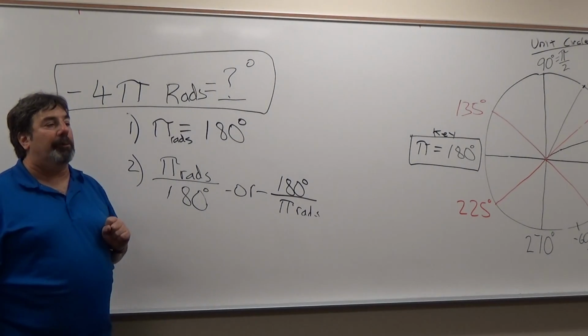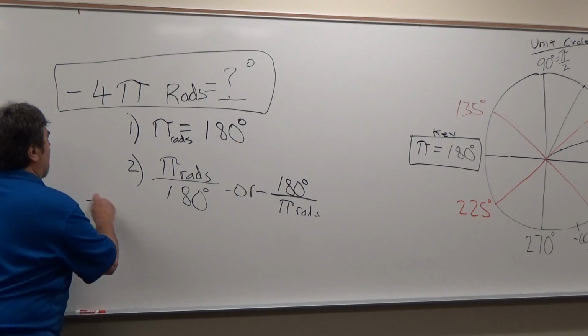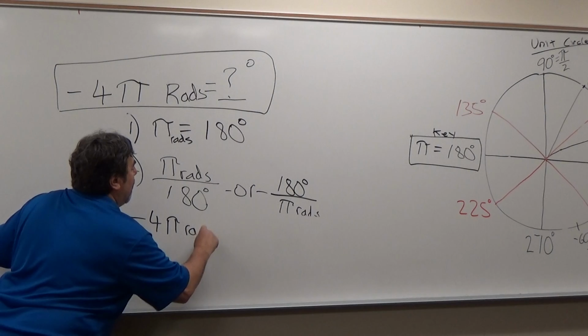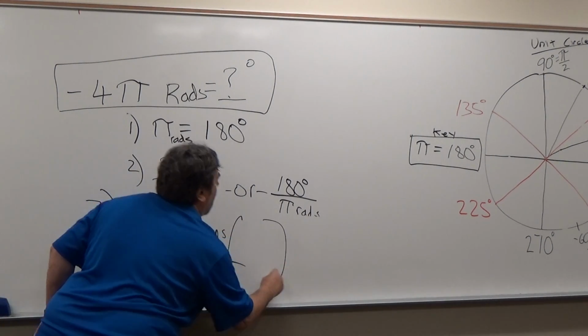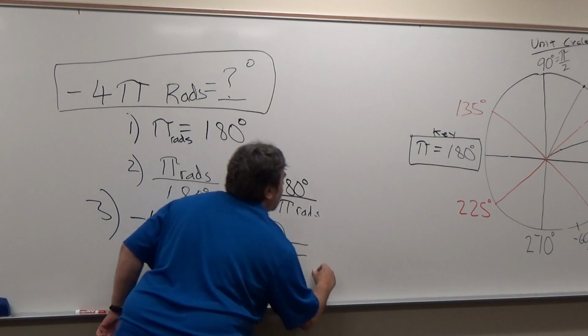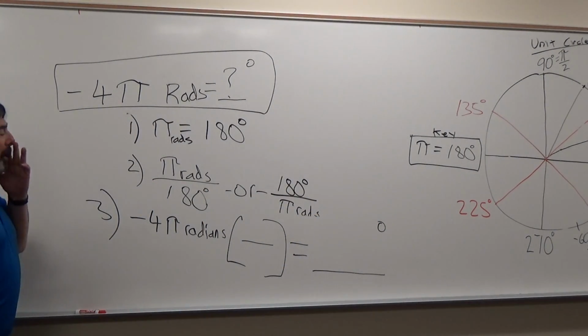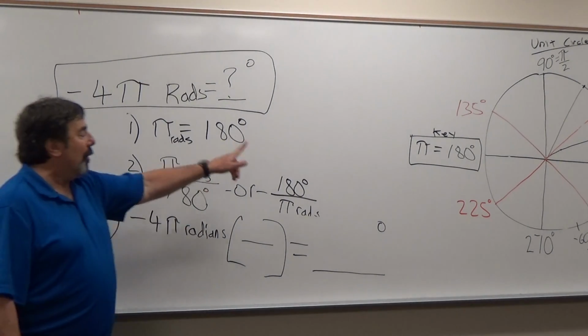The third step, we take what we're converting. In this case, it's negative 4 pi radians, and we want to convert that to degrees. So we're going to multiply it times one of the two fractions from step 2. Marco, which fraction should we use as our multiplier, the left one or the right one?